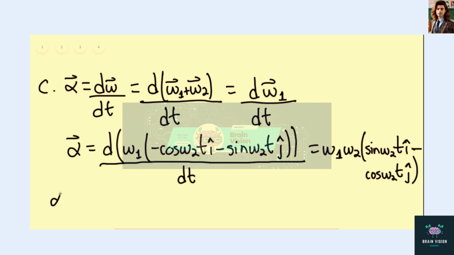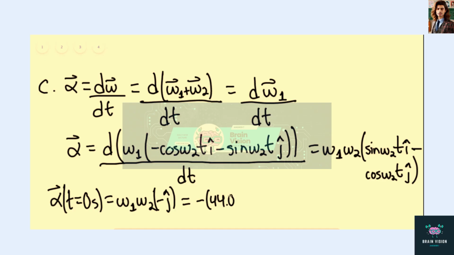And so the angular acceleration at t equals 0 seconds would equal omega sub 1 omega sub 2 times negative j hat. And so this equals negative 44.0 radians per second multiplied by 35.0 radians per second, j hat.